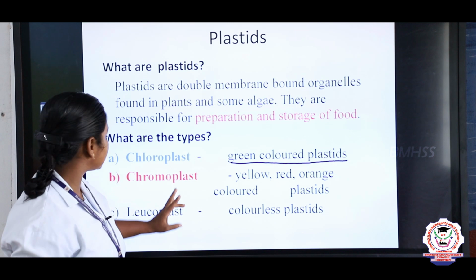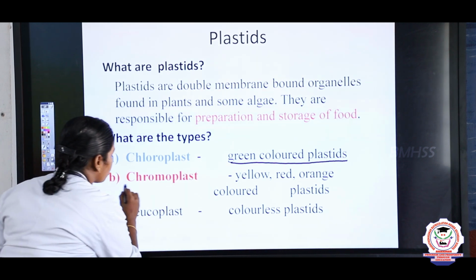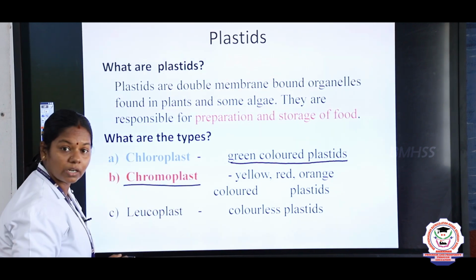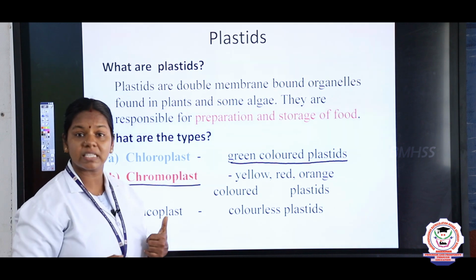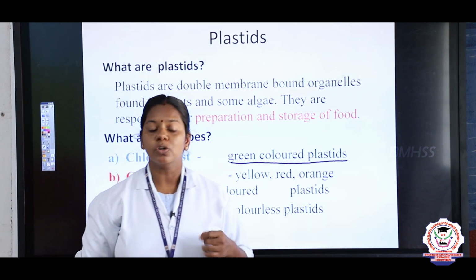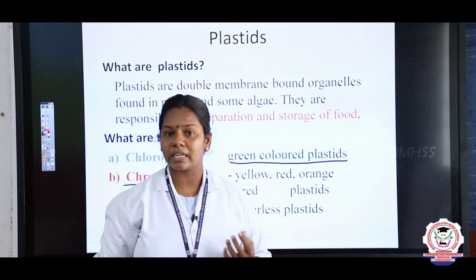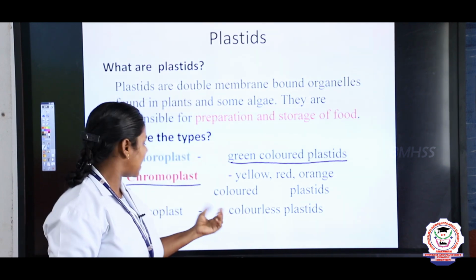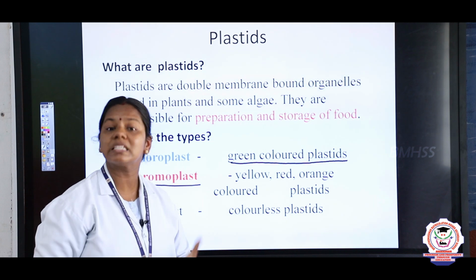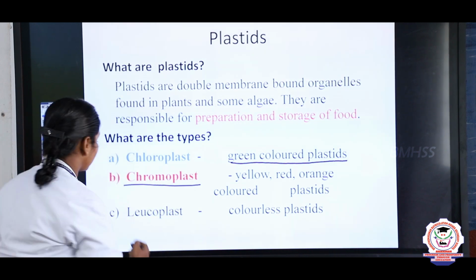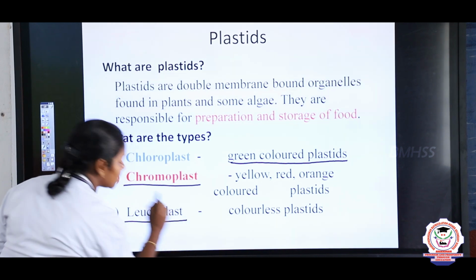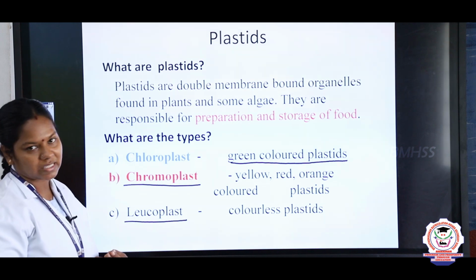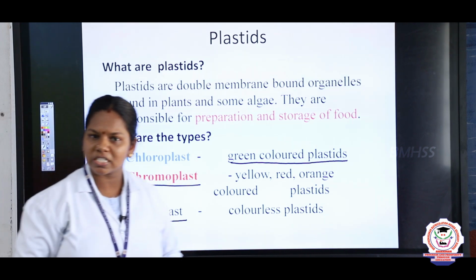That is due to the presence of the pigment called chromoplast. Chromoplast is an important NTSE question, children. They may ask you, the plant is reddish in color, identify the pigment present in it. And some plants possess colorless plastids. Such plastids we call leucoplast.